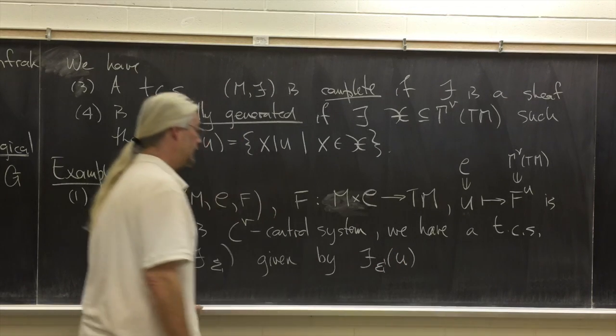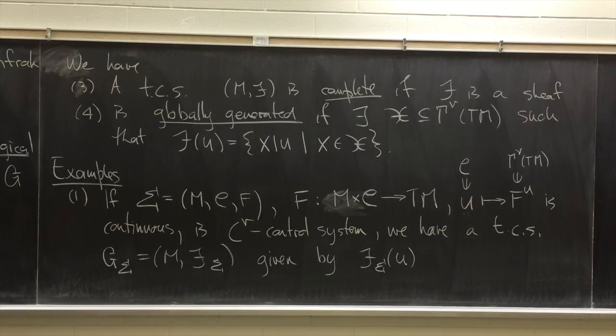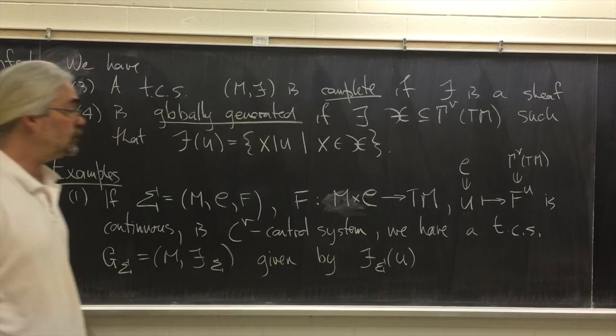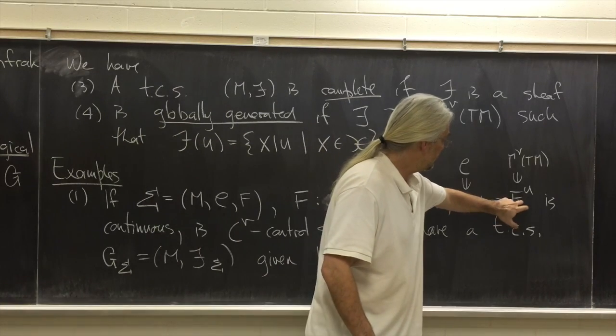Okay, so the presheaf here will be of the globally generated variety. And so the vector fields on an open set U are simply going to be the restrictions of these guys.